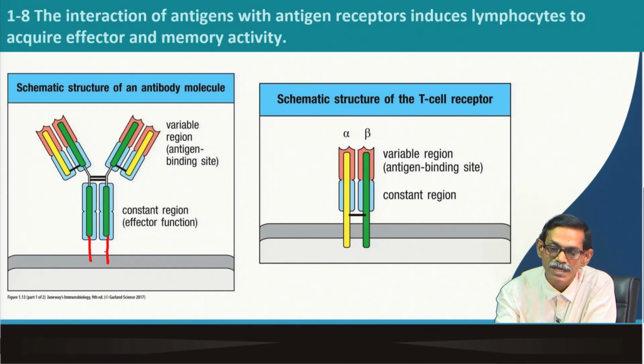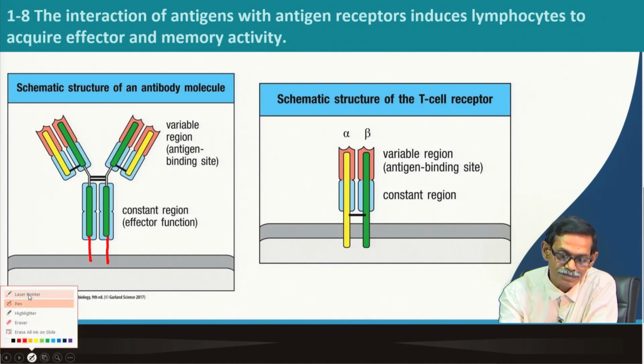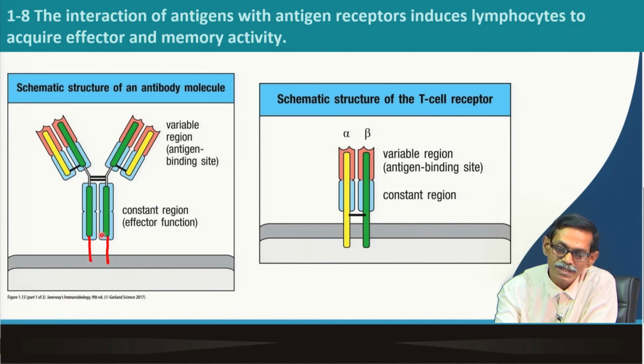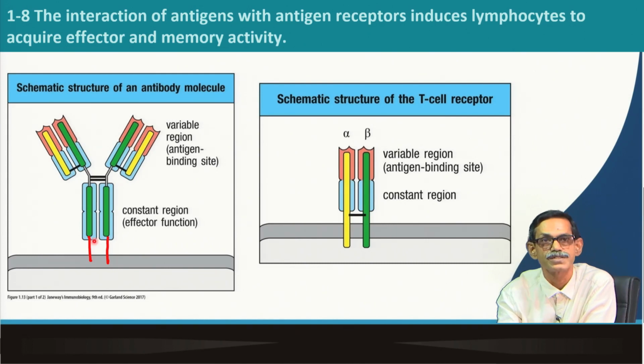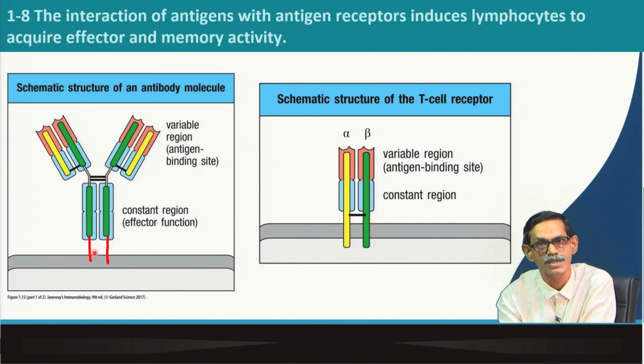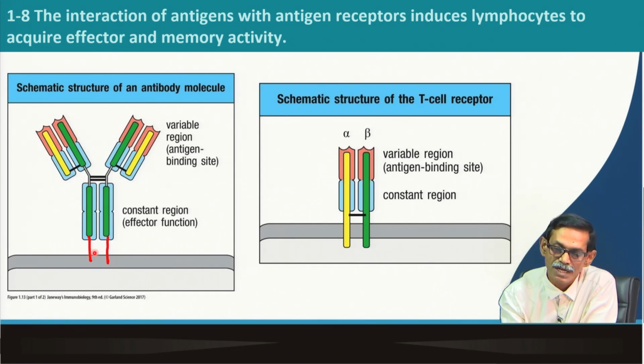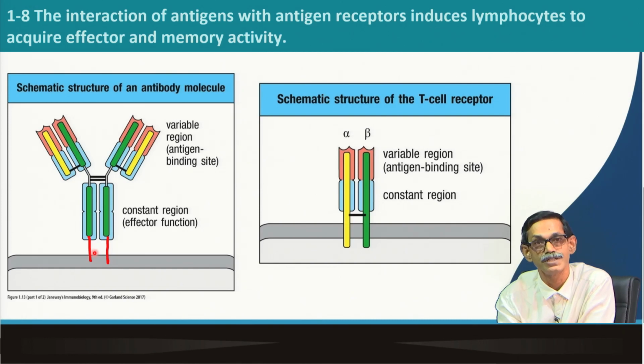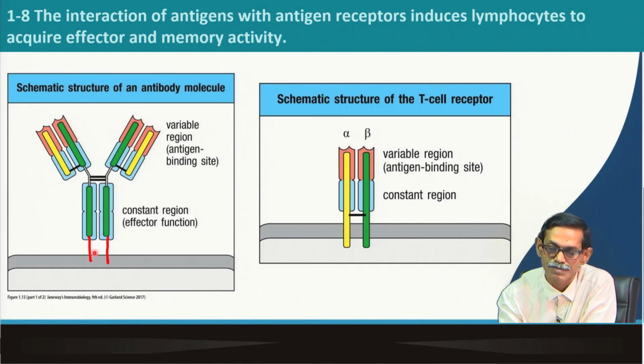If you see this receptor, there is a Y-like structure. I will discuss much more detail of this, and this is also the structure of the antibody, in future classes when we discuss the antibody specifically.